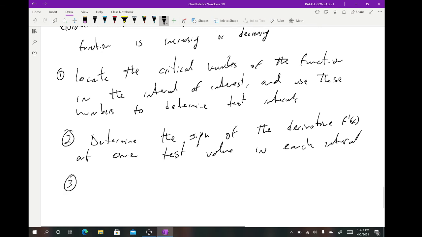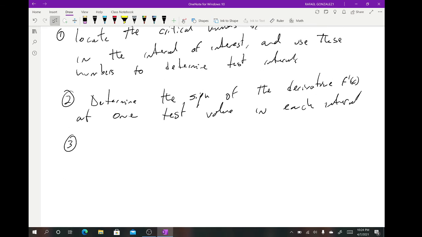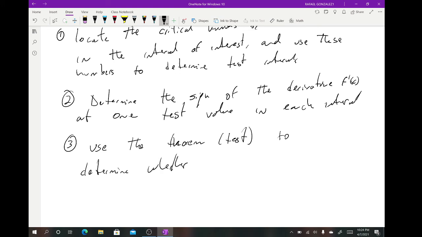Number three, third thing we do is we use the theorem for the test for short, to determine whether the function is increasing or decreasing on the interval.